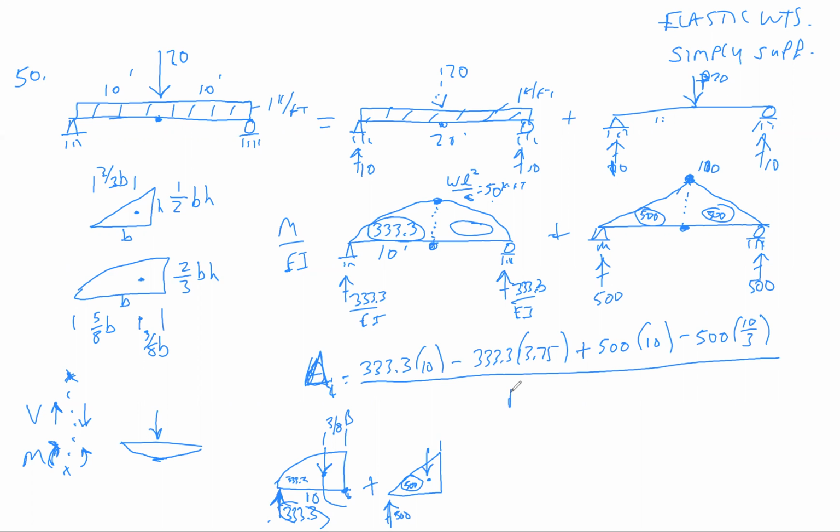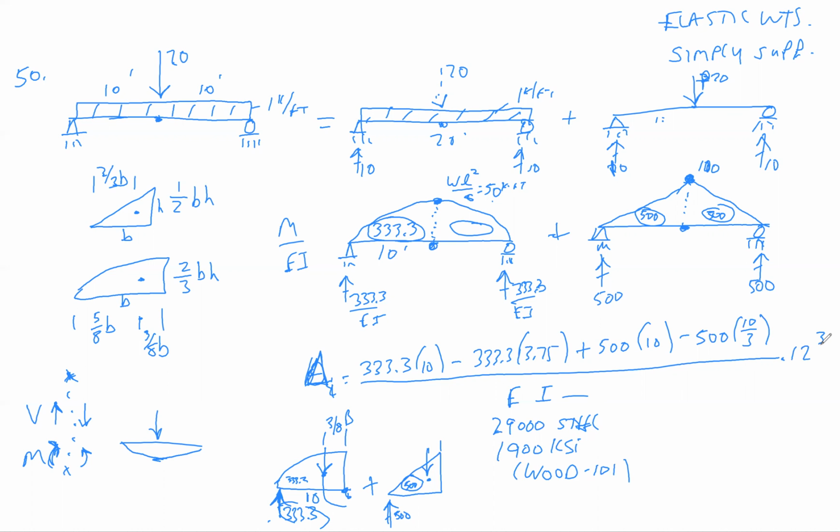All over EI, generally E is 29,000 for steel. And if I'm not mistaken, one of the problems in your book had E of like 1900 ksi. Well, that's more than likely wood. You remember that from a 101 class. And then whatever the I was. And then we want to multiply this by 12 cubed.